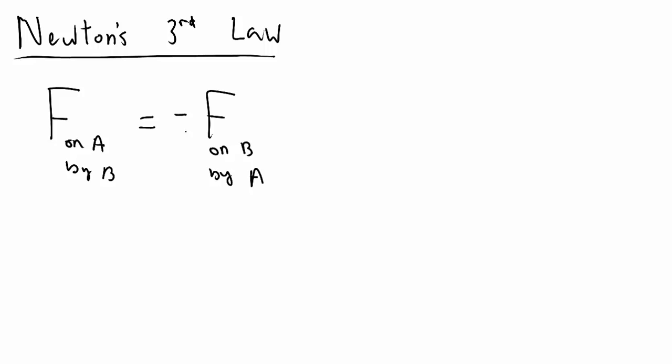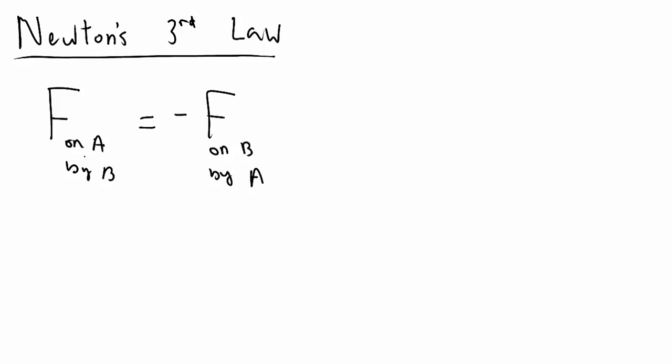There's no exceptions. It doesn't matter if it's moving at a constant speed, if it's sitting at rest, if it's accelerating, if it's on Earth, if it's not on Earth. It doesn't matter. If it follows this pattern, it's always true. But one thing that you've got to be careful of is that sometimes students use this rule when it doesn't actually apply.